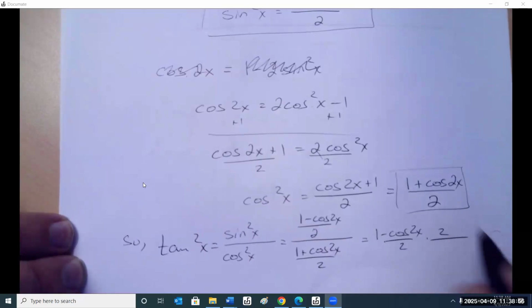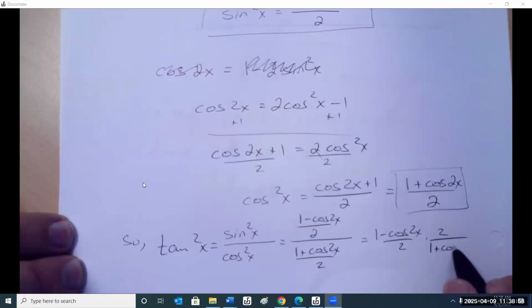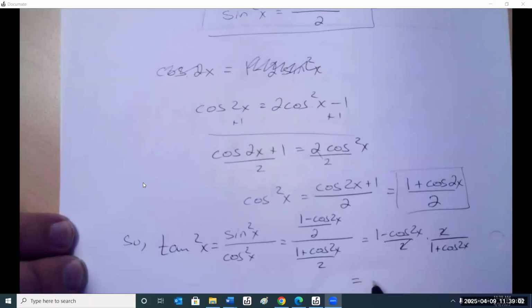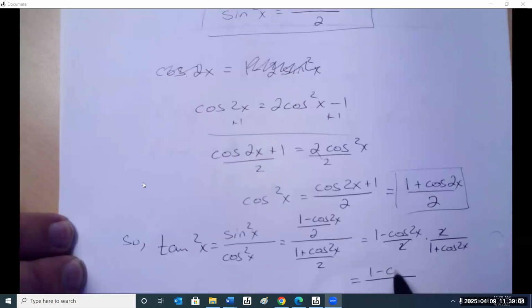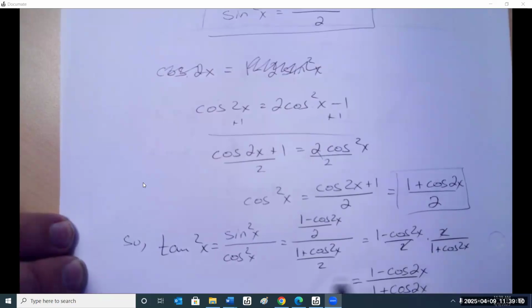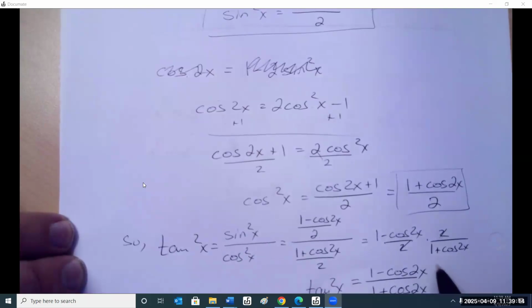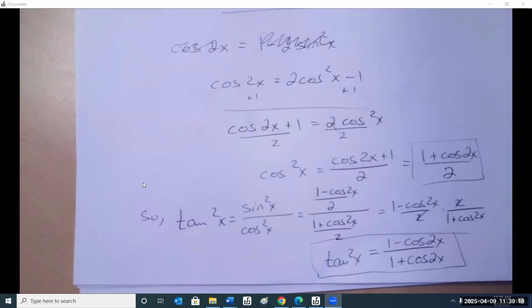Flip the bottom. The 2's cancel, so it equals 1 minus cosine 2x over 1 plus cosine 2x. So there we have an identity for tangent squared.